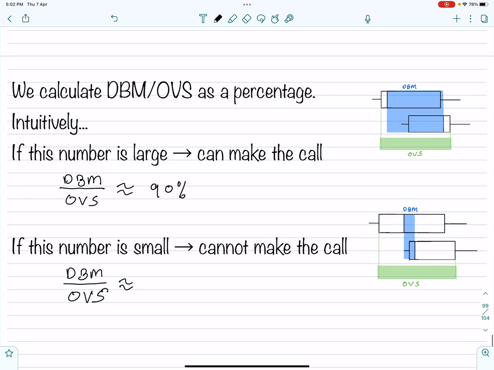In our second example, the medians are very close together. I haven't changed the OVS. I'd say it's about 10%, the distance between the medians as a percentage of the overall visible spread. That number is small compared to that one, so maybe we cannot make the call there. So when that percentage calculation, DBM over OVS, is big, we're more inclined to make the call. When it's small, we cannot.